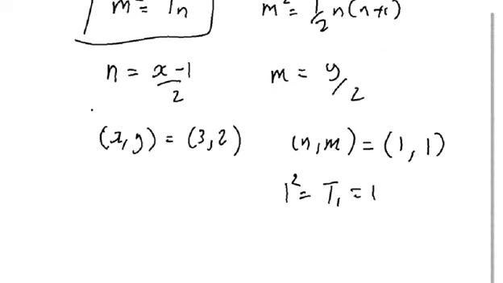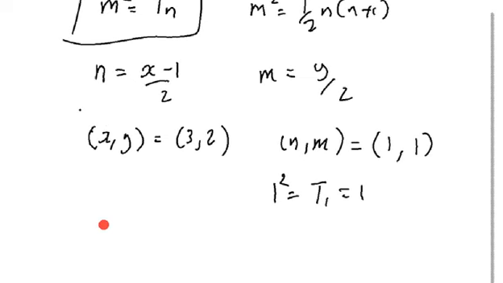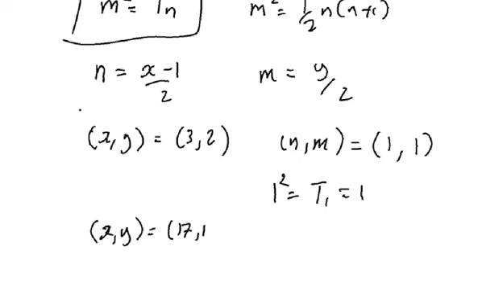Okay, but it's a bit difficult, so let's go to our next solution. Well, what's our next solution? The next solution is 17 and 12. So I want x, y equals 17, 12. That means that n, m, yes, I'm writing it that way round, but you get the idea.